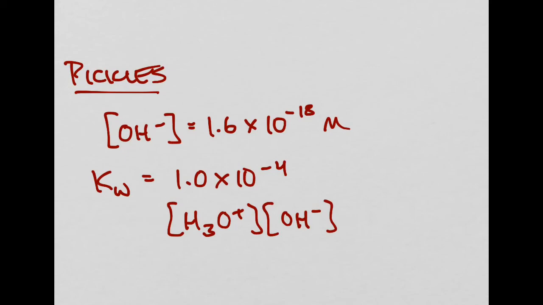Let me go ahead and erase this. So what I want to do is set this equal to 1.0 times 10 to the -14. But I'm going to take this number here and put it into there and then solve for this fella right here.